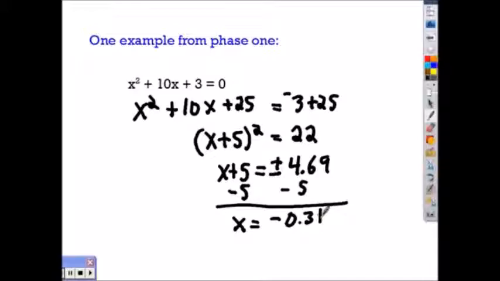And when I do negative 4.69 minus 5, I will get a negative 9.69. So these would be my two solutions, which I could write as a solution set. And so that's one simple example.